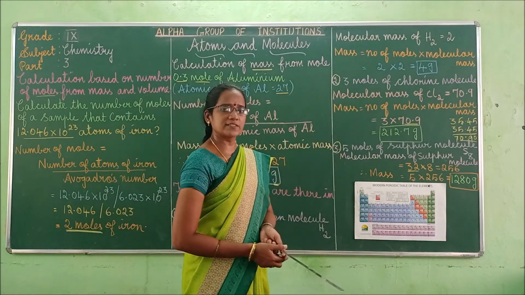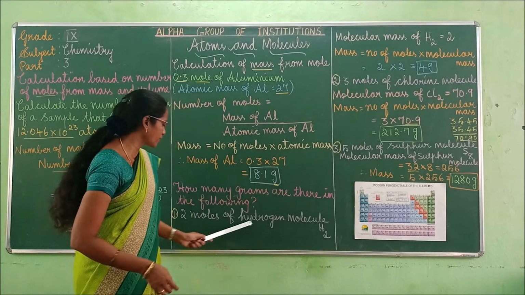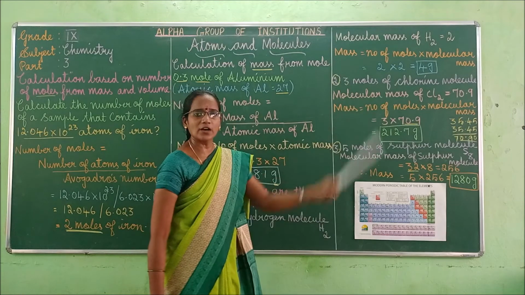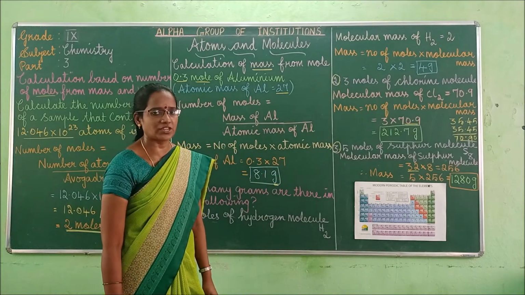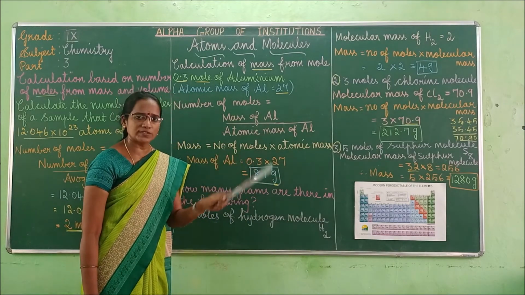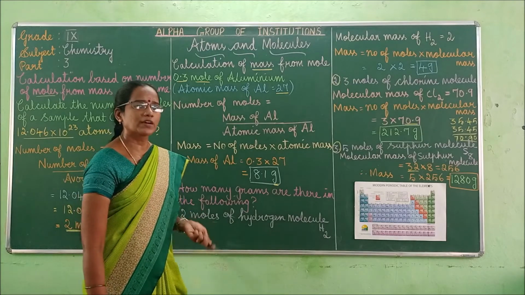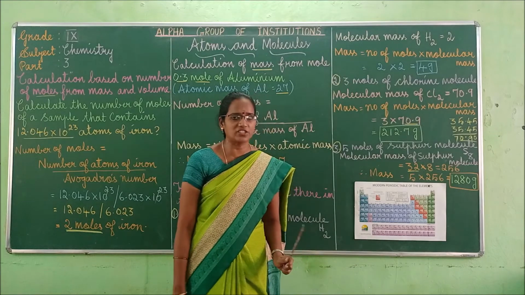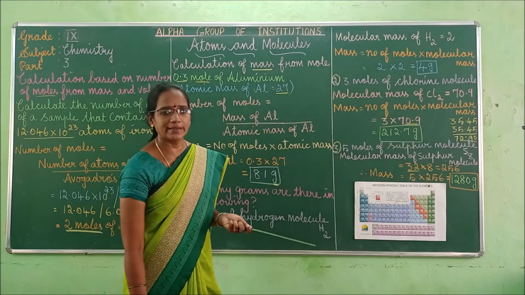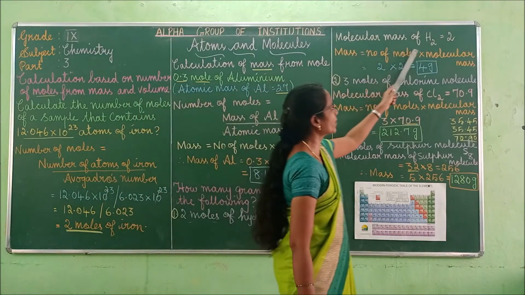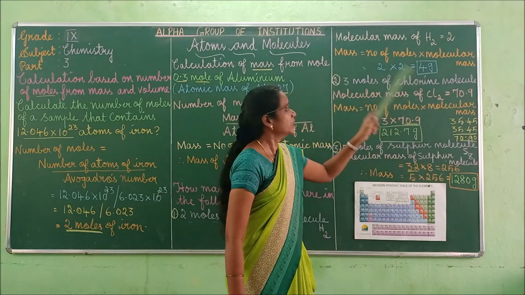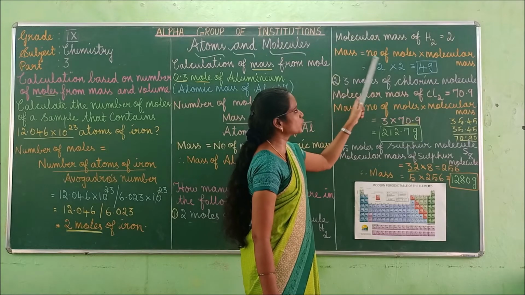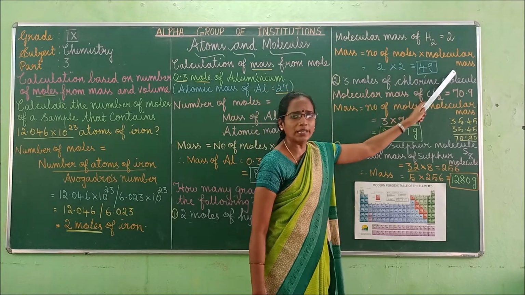Next step, we have to find the molecular mass because they have asked in moles. So molecular mass of H2. H2 is hydrogen, right? Molecular mass of H2 is equal to 2. How? Because atomic mass of hydrogen is 1. How many hydrogen atoms are there? 2 hydrogen atoms. So 1 into 2, you will be getting 2. Next step, we have to apply mass is equal to number of moles into molecular mass.